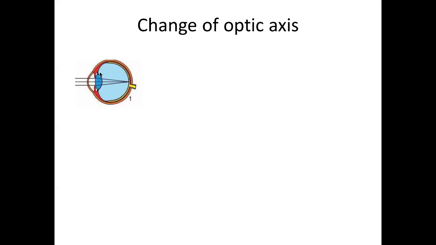So the function of the lens is to concentrate each wave of light exactly onto the retina. Such a type of vision of a healthy eye is called emmetropy.